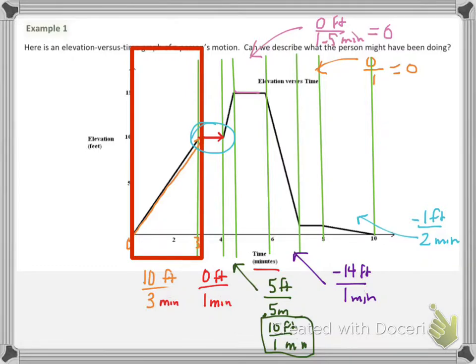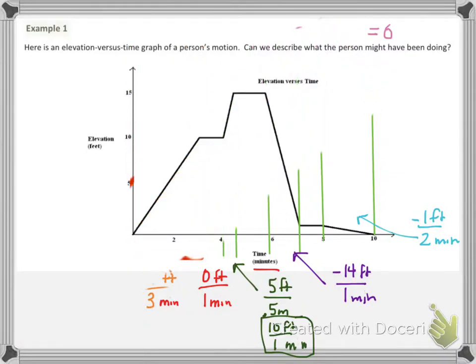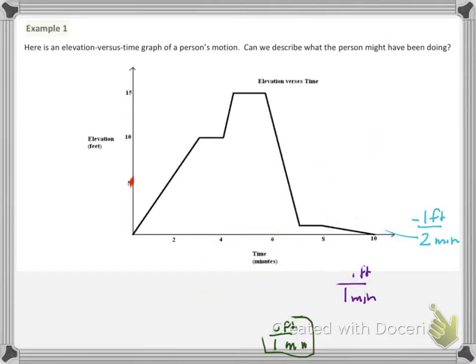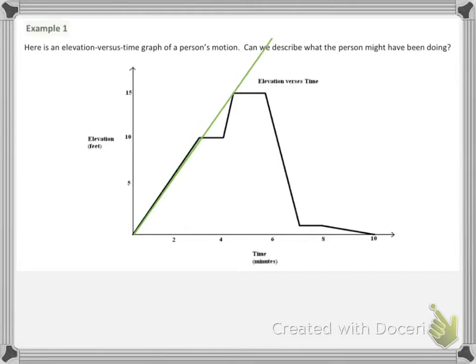All right, that is our first look at these functions. And the last thing I want to point out is that each of these lines is its own linear function or linear equation. And it's just like we're taking a bunch of different ones and putting them together. So this first line would be this one.